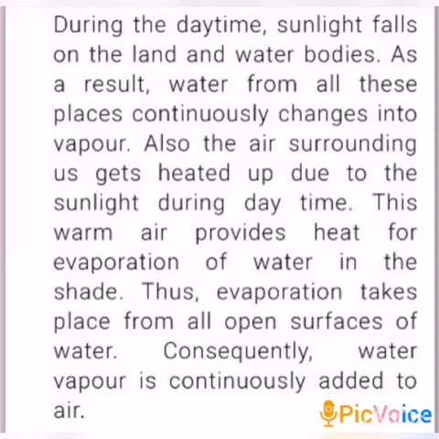The water becomes vapor. As a result, the water from all the places continuously changes into vapor. If you heat the water, what will happen? It changes into its vapor state. Yes. Okay.